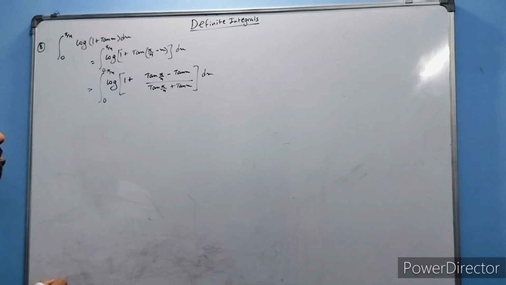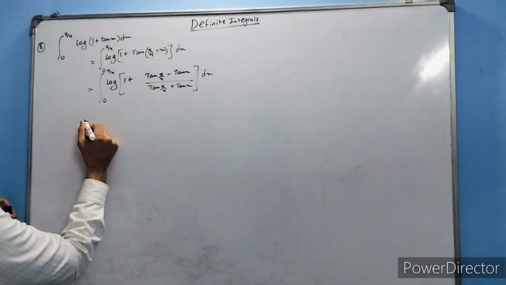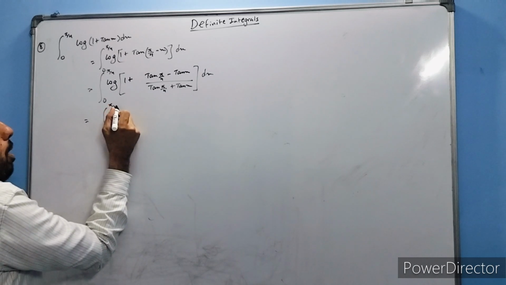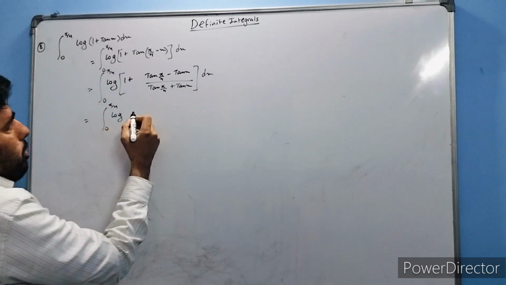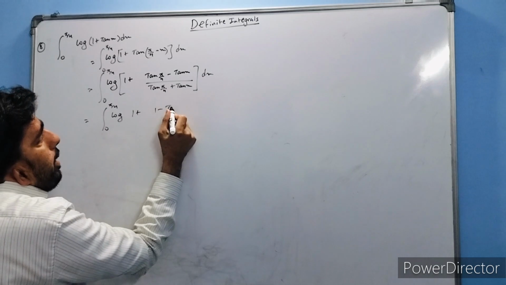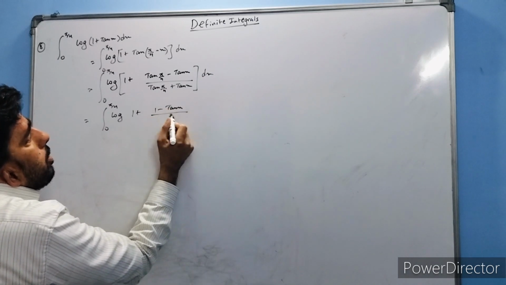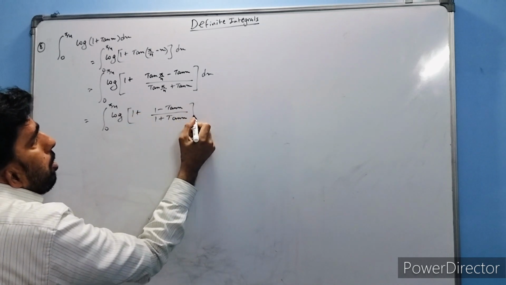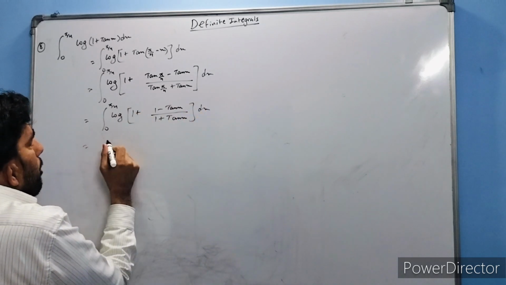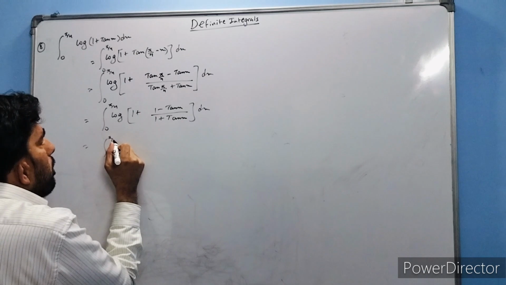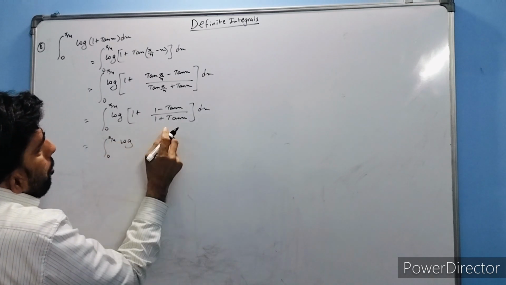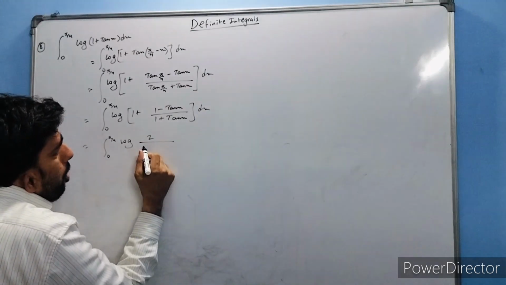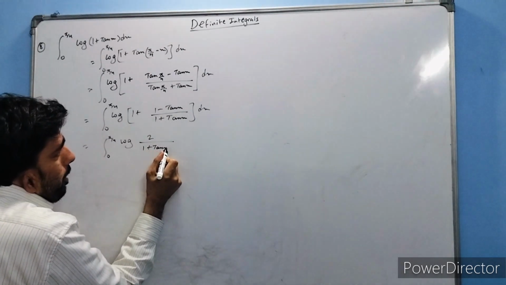So now what we got here is log, 0 to pi by 4, we have 1 plus (1 minus tan x) upon (1 plus tan x). Okay, so now if I take the LCM here, 1 plus tan x plus 1 minus tan x, so we will have only 2 upon 1 plus tan x.